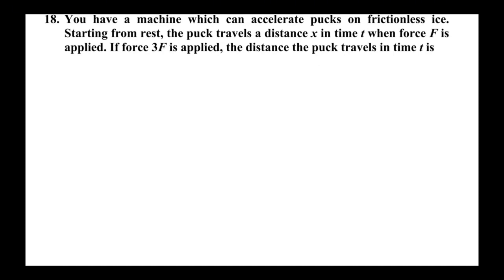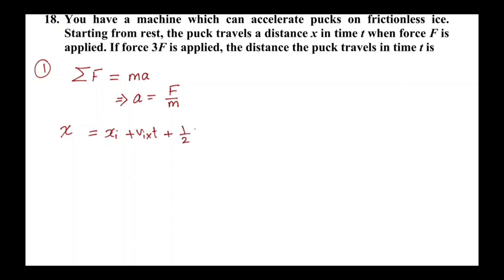Now to solve this one, the sum of all forces, again Newton's second law, equals m a, or in this case a equals F over m. Now x, I'm talking about the first situation here, x equals x initial plus the initial velocity times t plus half a t squared, starting from rest and origin.